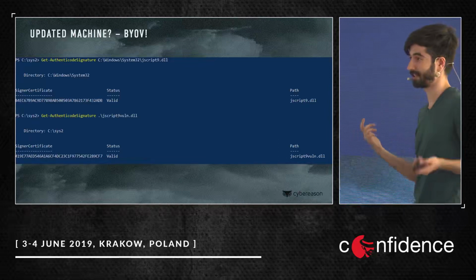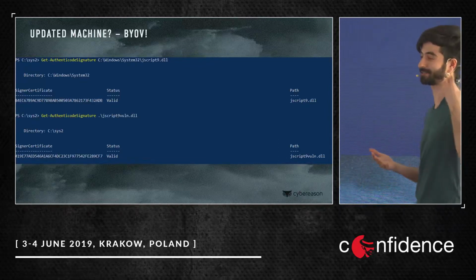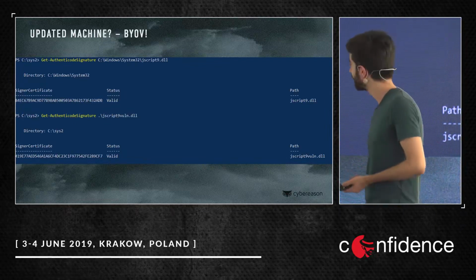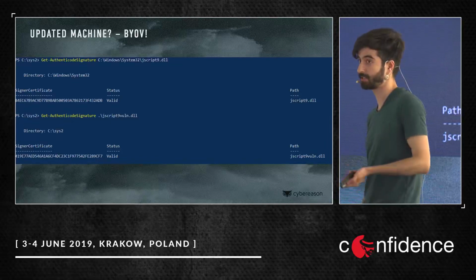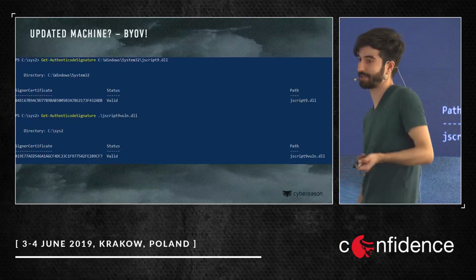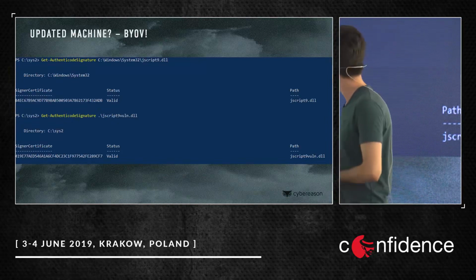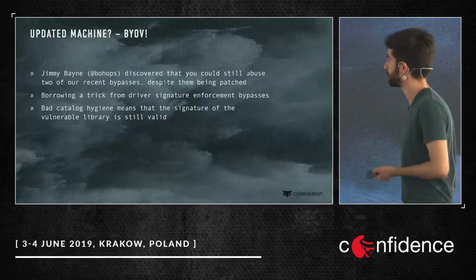And what does device guard stop? It stops everything that's not signed and valid by a specific certificate. And both of these are signed by the same certificate. And we're in a post-exploitation scenario. So why don't I just choose to run the vulnerable version? Who cares if there's a safe version? I don't want it. And this was actually discovered by Jimmy Bayne, Bohops on Twitter.